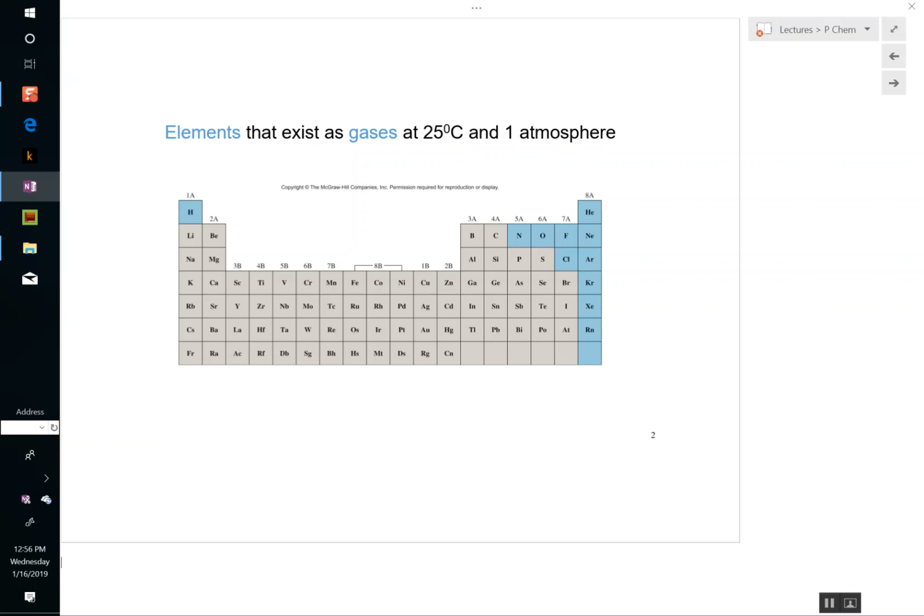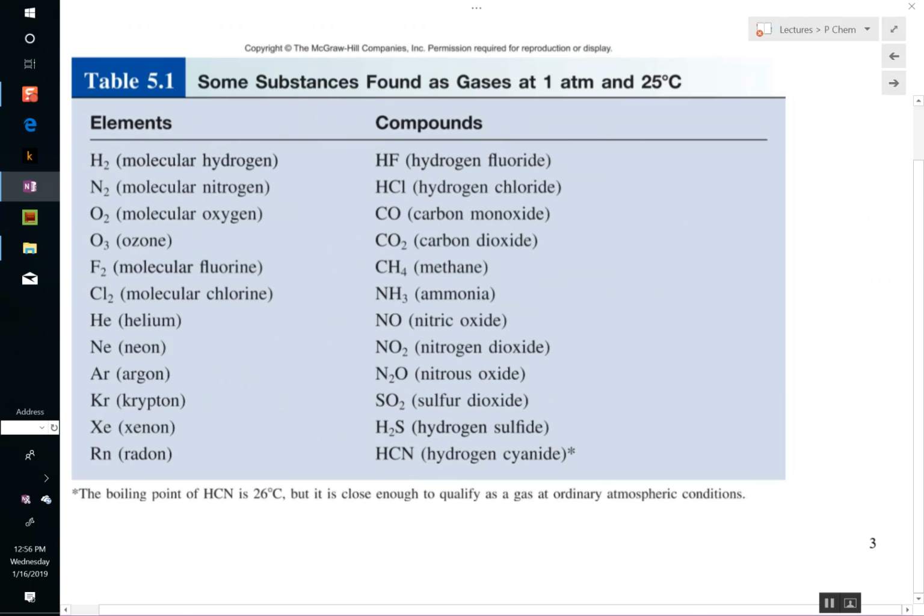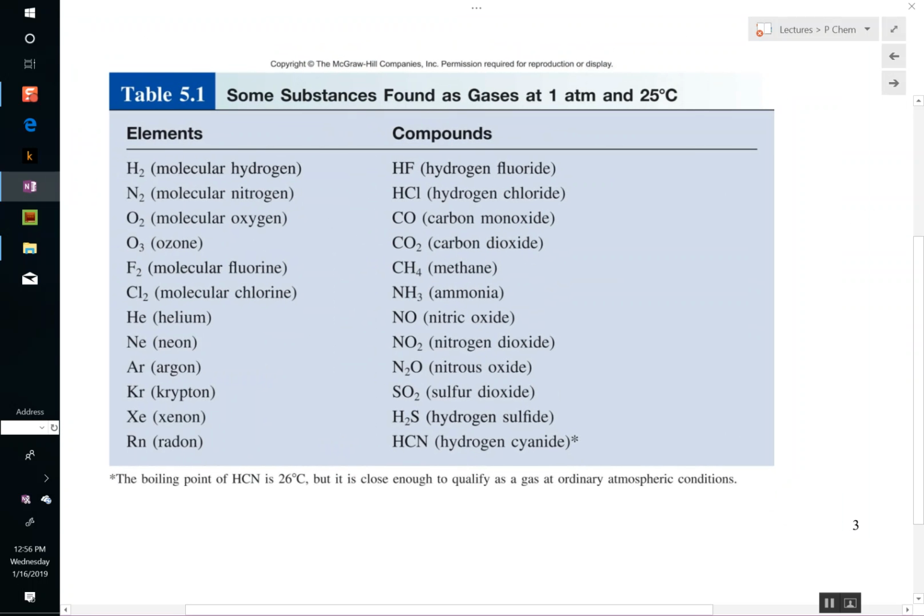These are the elements that exist as gases. And then, of course, there are others. Here are some compounds that are gases. And keep in mind which ones are diatomic when you're dealing with molar masses and things like that.